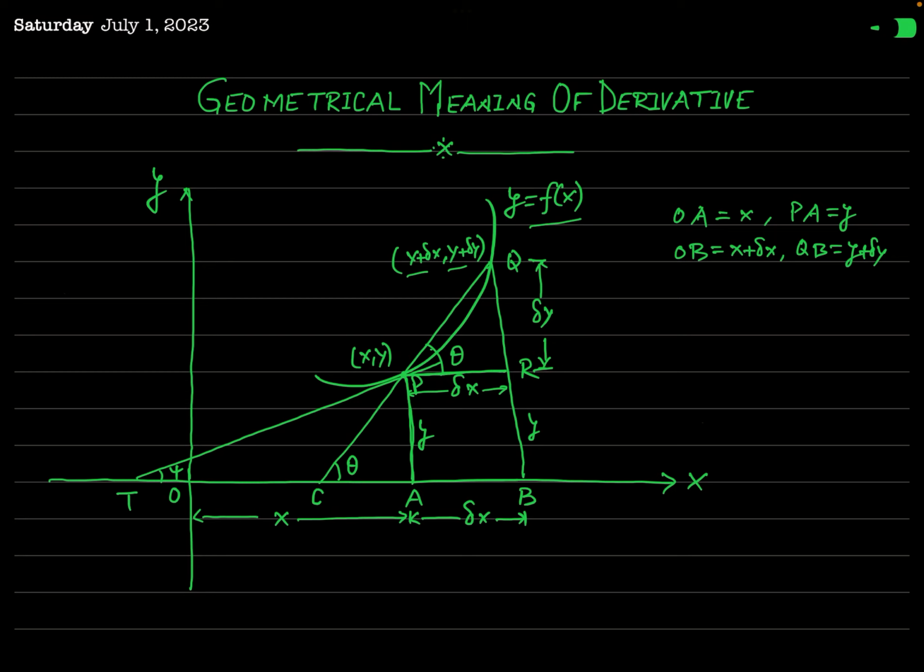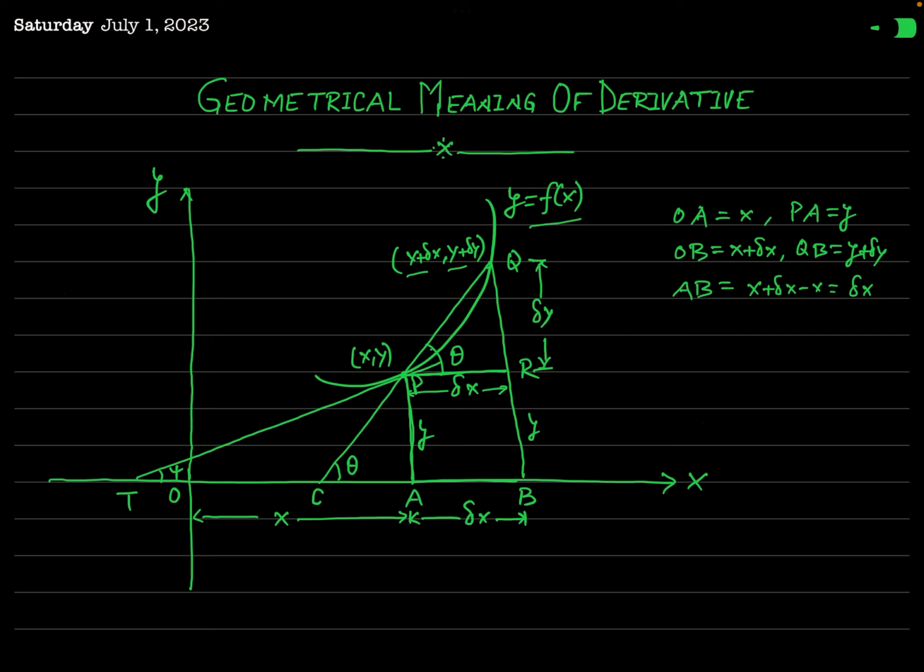So it is evident from this figure that if you want to find the value of this AB, it will be simply OB minus OA, and OB is equal to x plus delta x and OA is x. So this is x plus delta x minus x, and that will be simply equal to delta x.